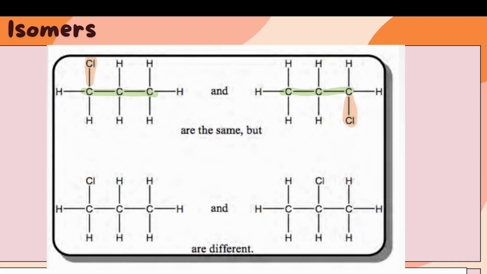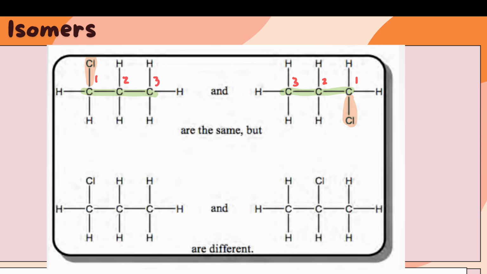The rest are filled with hydrogens, and then they each have a chlorine attached to one of the carbons. If we were going to label this one, we always start by labeling our parent chain so that the group has the lowest number. So we make this carbon 1, 2, and 3. And the same thing goes for this one. So now we make this carbon 1, 2, and 3.